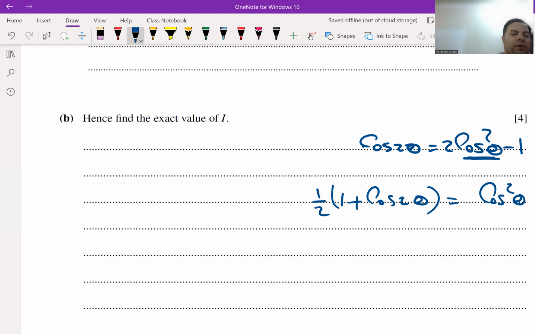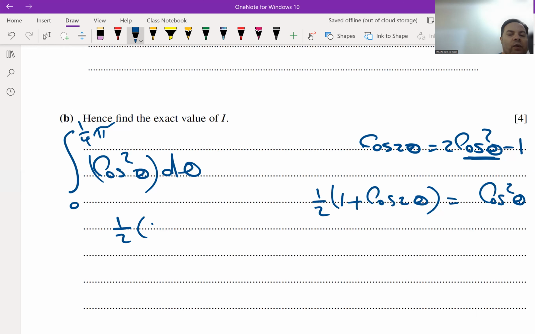So when asked to integrate cosine squared theta d theta from 0 to pi over 4, we replace cosine squared theta and write half of (1 plus cosine 2 theta) d theta, integrate from 0 to pi over 4, then start to integrate.